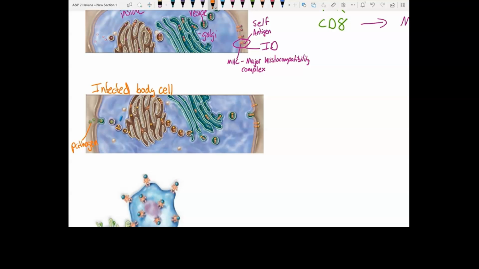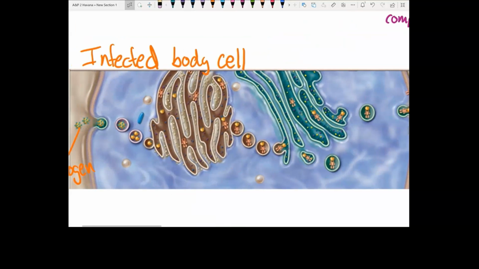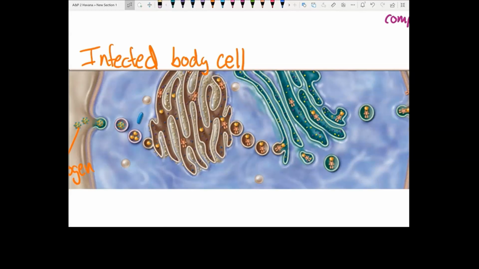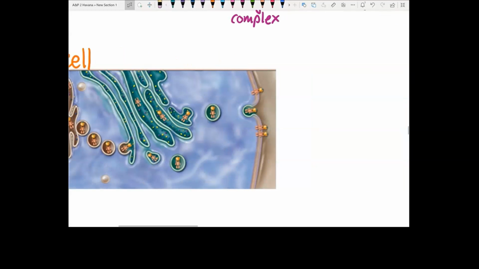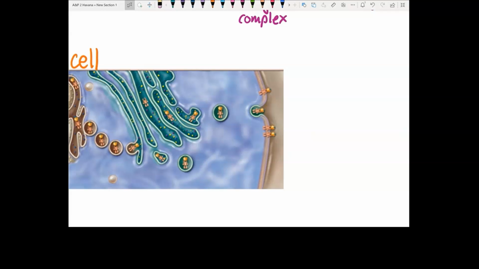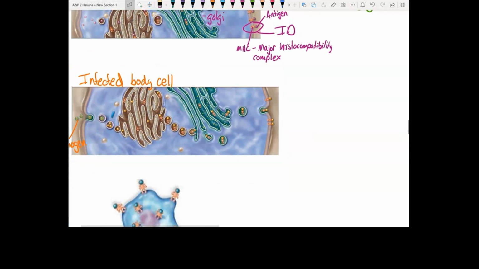It's infected. Notice that the MHCs are different. If you look close, see the pathogen has little kind of teal colored dots on it that are its antigen. Look over here at the MHC. There's that pathogen antigen on there. So in an infected body cell, you have your MHC type 1, and then you display pathogen antigen on it.